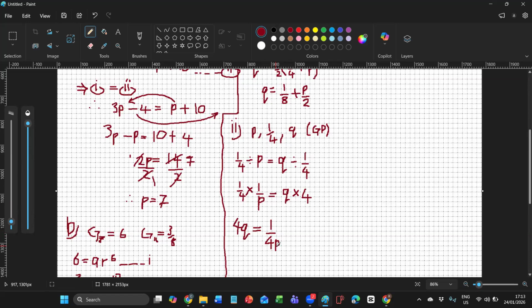So what do you think we can do so that we have only Q on the left hand side?